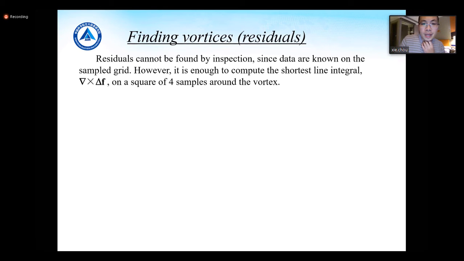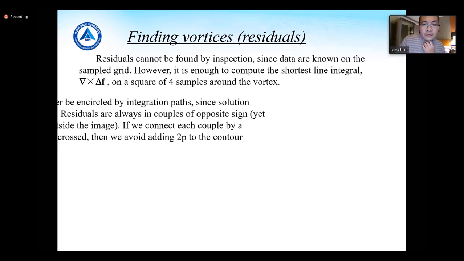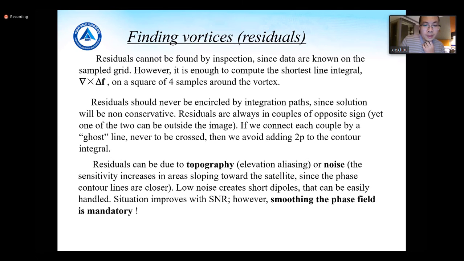Residuals cannot be found by inspection since data are low on the sample degree. However, it is enough to compute the line integral on a square of 4 samples around the vertex. Based on some assumptions, residuals can be found due to the topography or the noise.